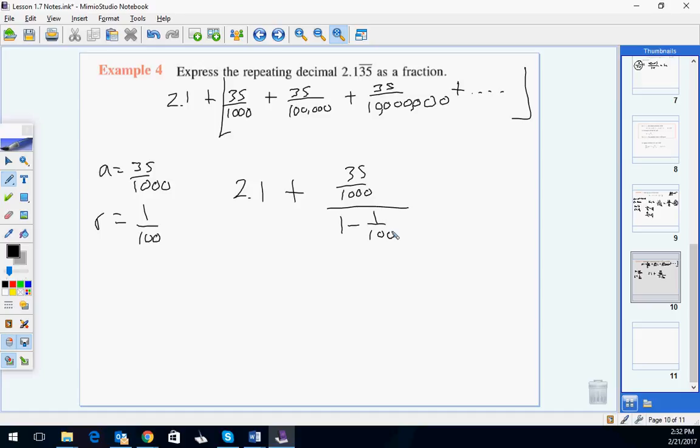Okay, and so then now we go ahead and do this, and we're going to get 2.1 plus, that's essentially 0.99, but you can do however you'd like. And when you divide that, I get 35 over 990. Then just to stay away from my calculator and keep everything the same, I write this as 21 over 10.